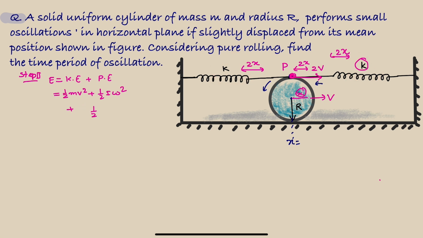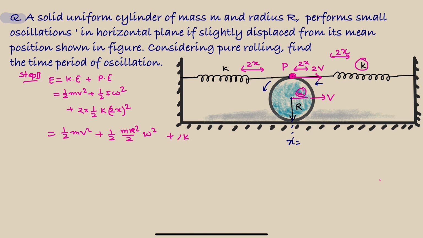for one spring, it will be half of k, and the displacement here is 2x. Then we have two springs. I think this is what the total energy will look like. Then half of mv square. Since it is a cylinder, the moment of inertia will be half of mr square, and then by 2.